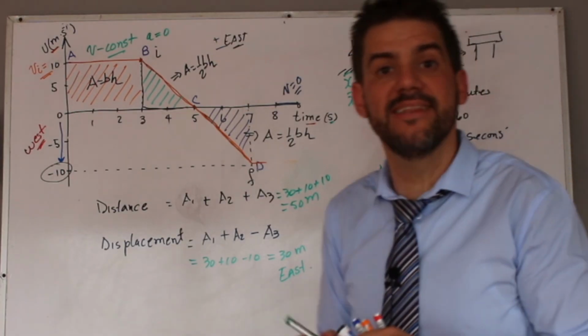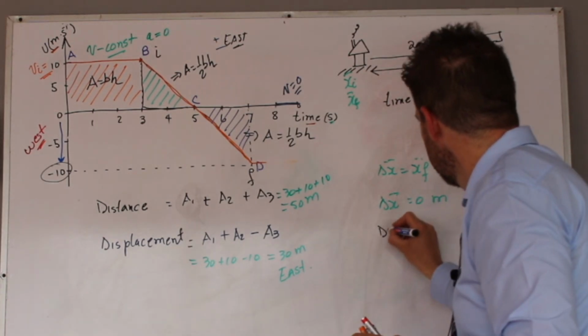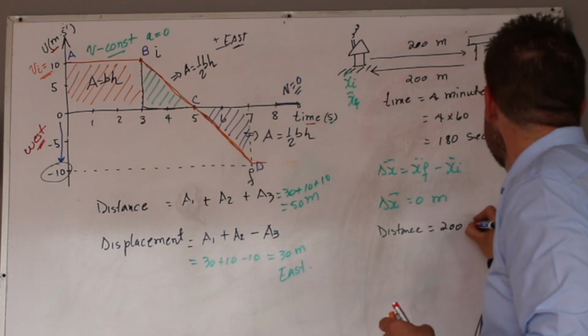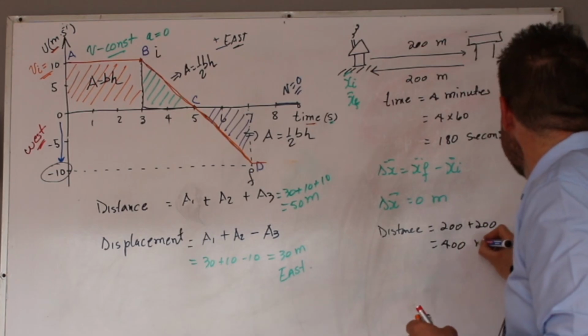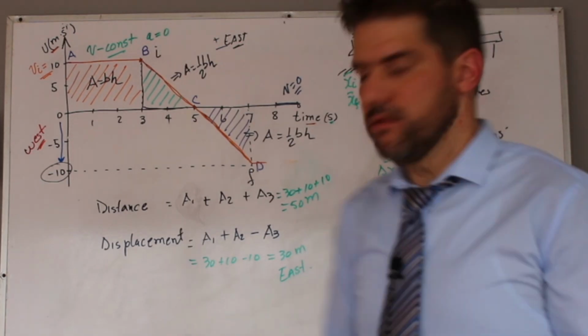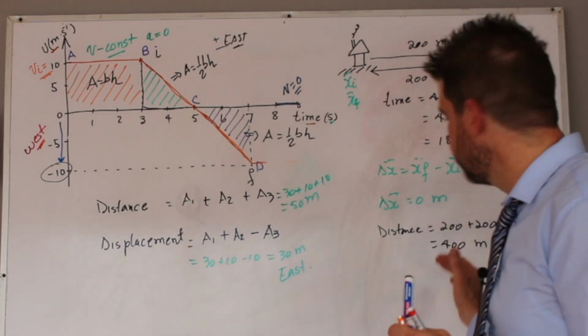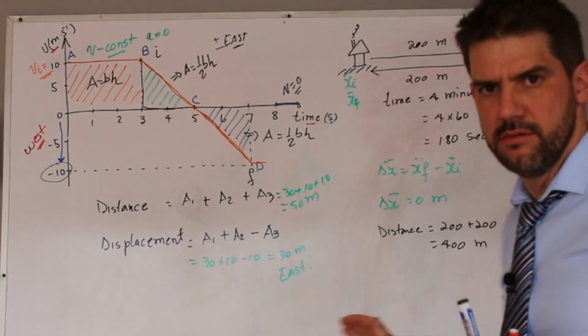The distance, however, will be 200 plus 200. So it's going to be 400 meters. Distance will be the addition of the whole motion of that person. Displacement will be 0. I hope this is clear. It's quite simple.